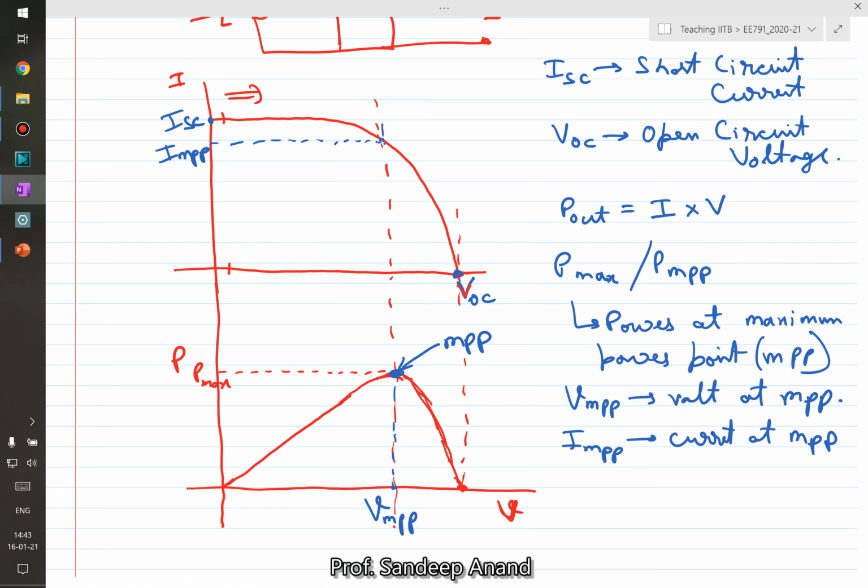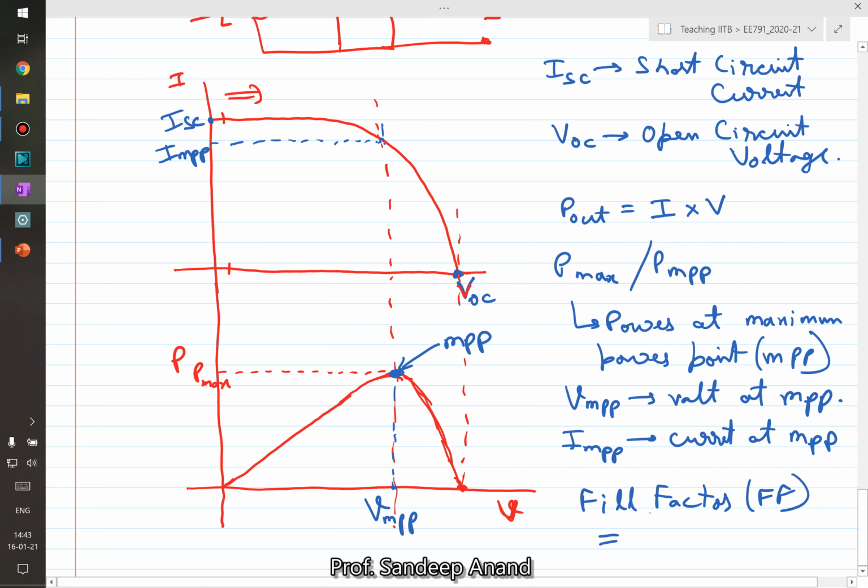One more factor which exists is called the fill factor. One more definition, right? Fill factor, FF, which is described as the multiplication of VMPP into IMPP, which is nothing but the maximum power, equal to PMPP, divided by VOC times ISC. What does this fill factor show?